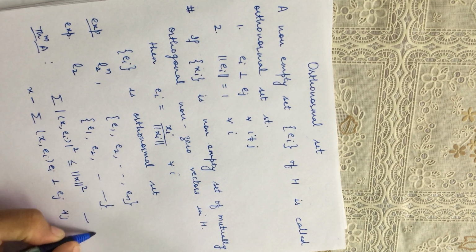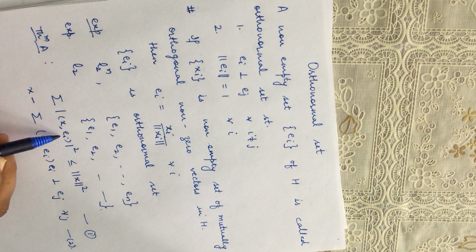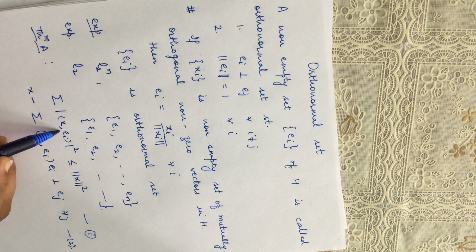The first inequality says that the sum of squares of the components of a vector, because here we have a vector x and e_i is an orthonormal set, so the inner product of x and e_i represents the component of the vector x in the direction of e_i.